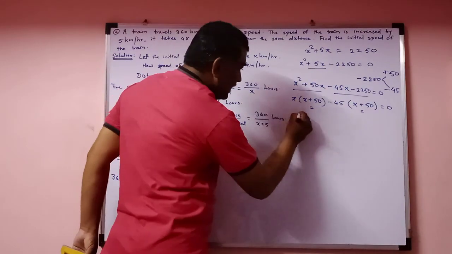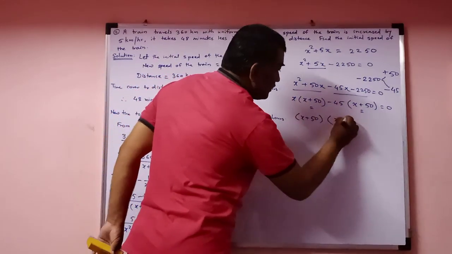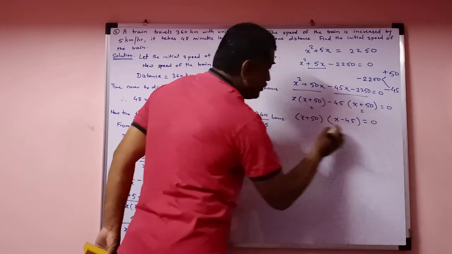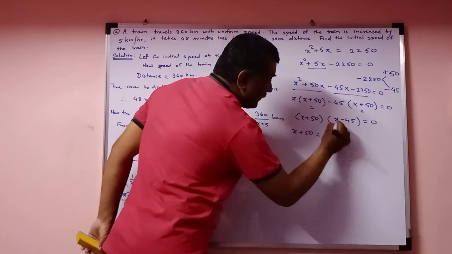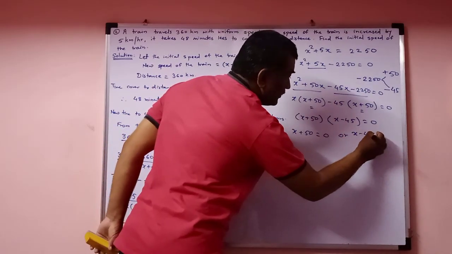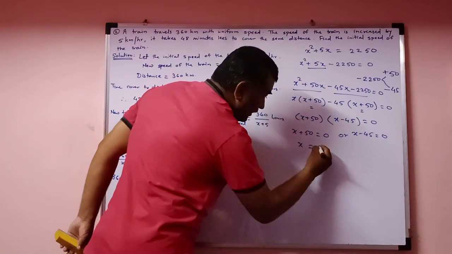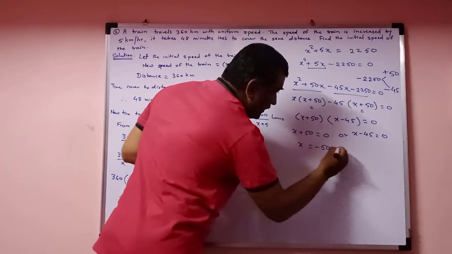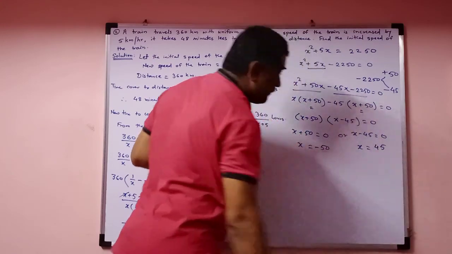Here common is x plus 50 and in another bracket x minus 45 is equal to 0. x plus 50 is equal to 0 or x minus 45 is equal to 0. x is equal to minus 50, and x is equal to plus 45.